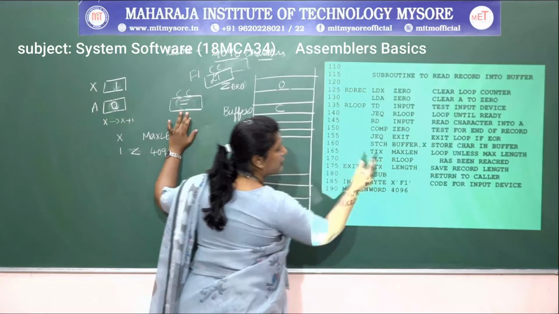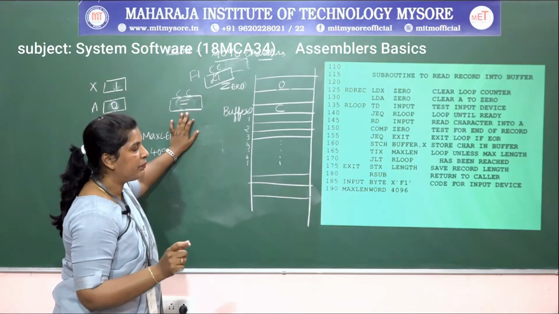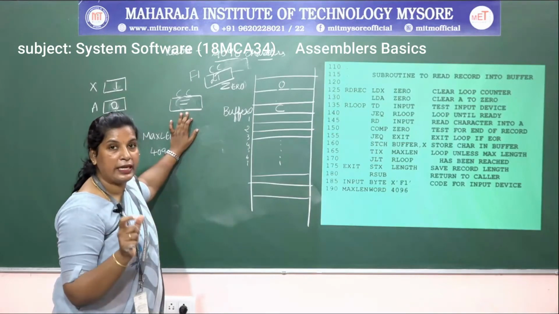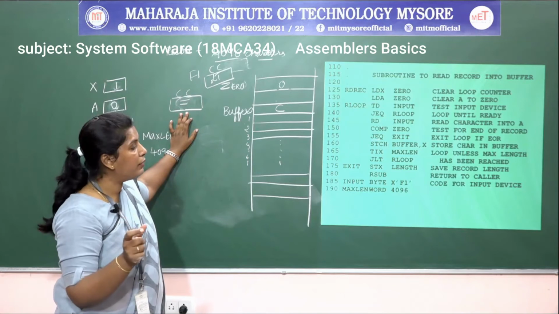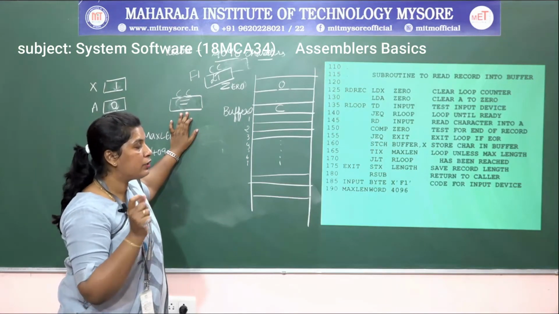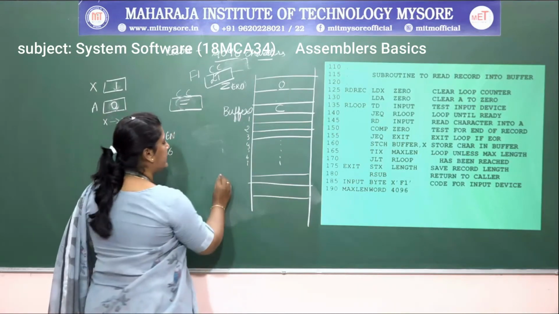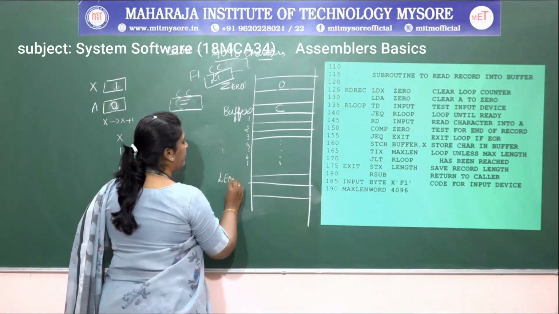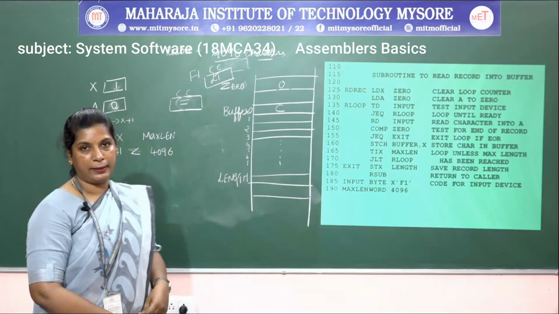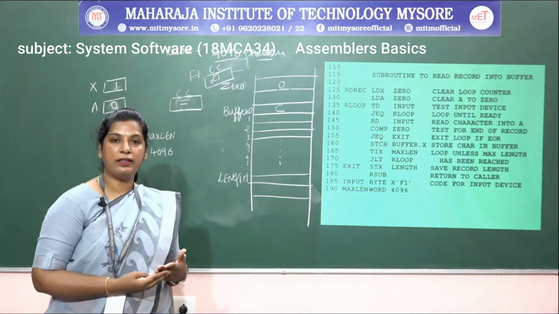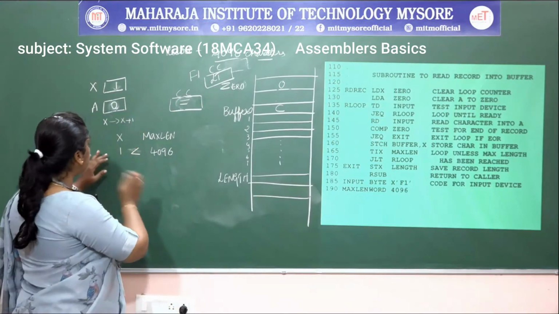So now I want to store the length: store the index register value to the memory variable length. Length is the memory variable. I want to get the length of the record to be displayed onto the screen. It might have 1 character, 100 characters, like that. So what is the index register value now?